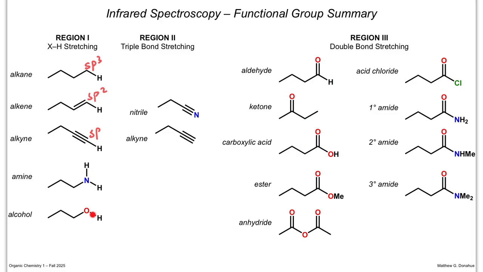NH and OH stretching look very different. We move into another part of the spectrum. There's our triple bonds, nitrile and alkyne. I do want to point out something here.